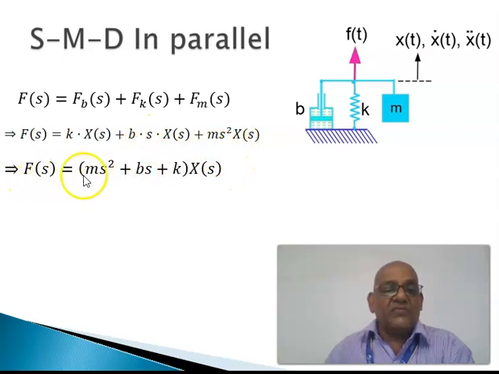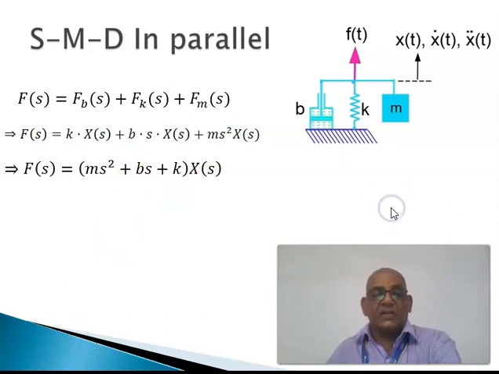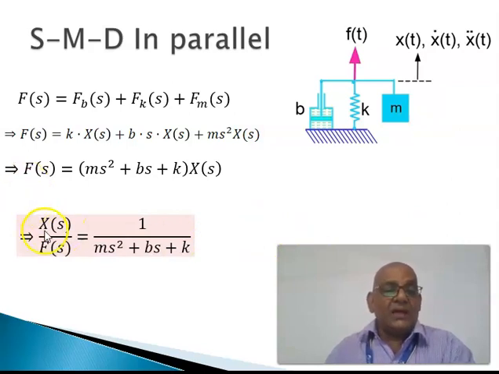So we write F(s) is ms square plus bs plus k multiplied by X(s). Thus, the transfer function of the system with F as the input and X as the output is given by X(s) over F(s): you take this F on this side and ms square plus bs plus k onto the other side, giving 1 over ms square plus bs plus k.